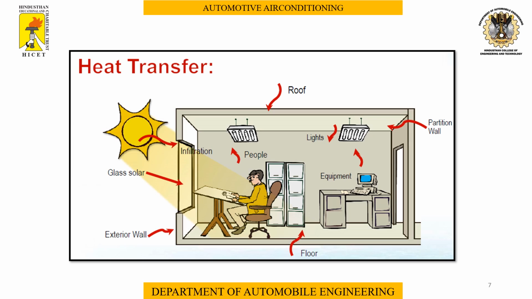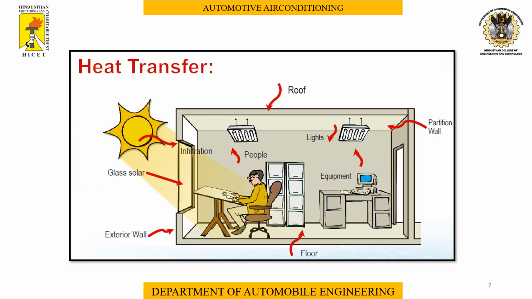Heat also comes through the glass from the sun. We have solar radiation coming into the room through the glass, and heat coming into the room from the top of the roof and the bottom of the floor. So we can assume how much heat is coming into the room. The sun may be considered as radiation heat transfer.